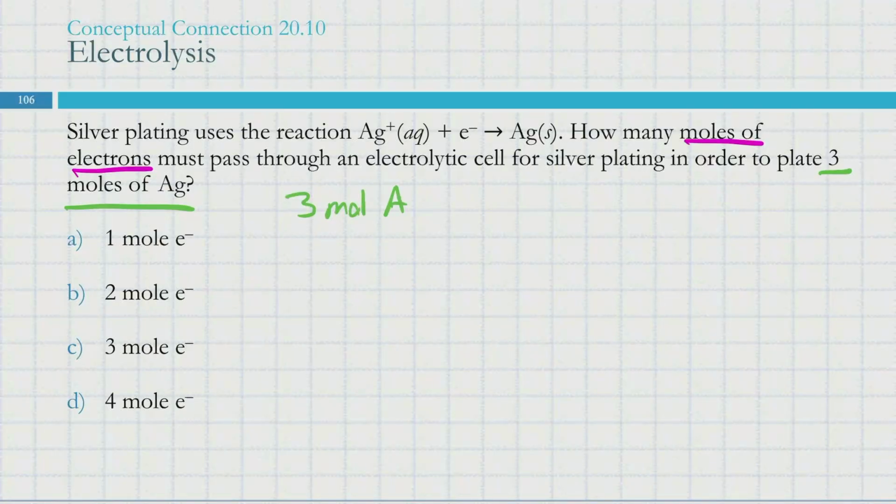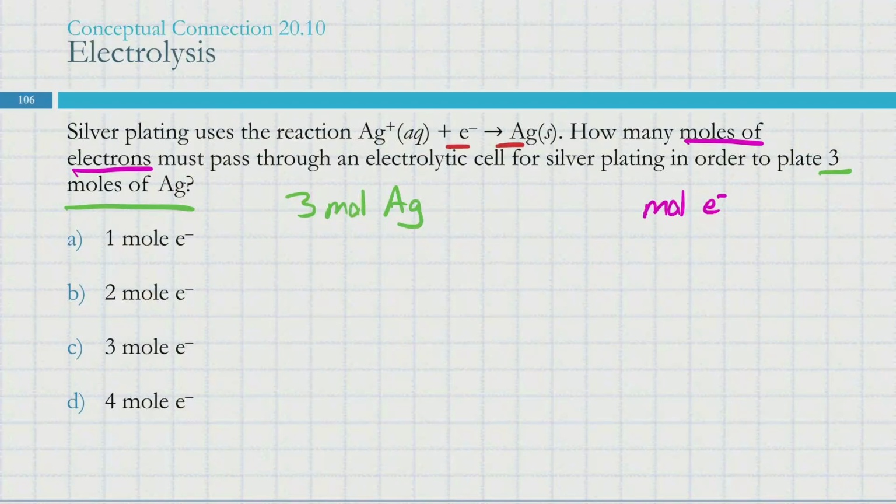We're trying to get 3 moles silver, and we want to know how many moles of electrons. What's our relationship between silver metal and electrons? What's the ratio? 1 to 1.